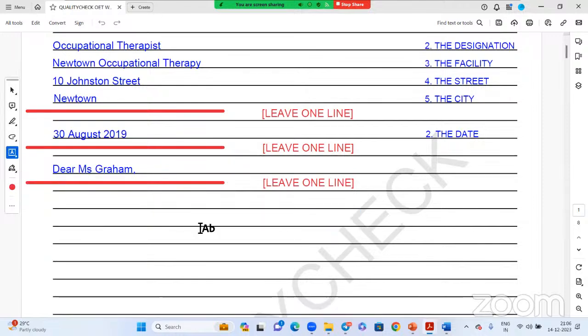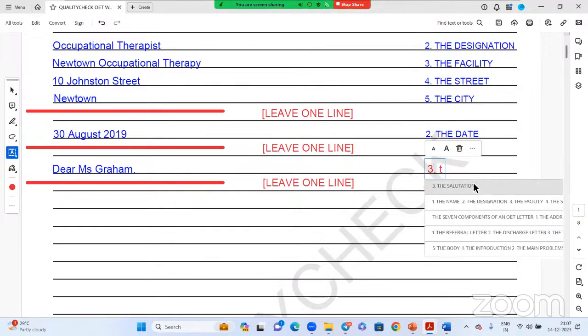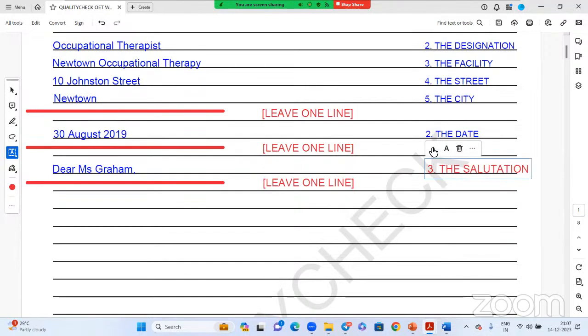So once you leave the line, again you will what? The subject line. This is the salutation. This is number 3. The salutation.